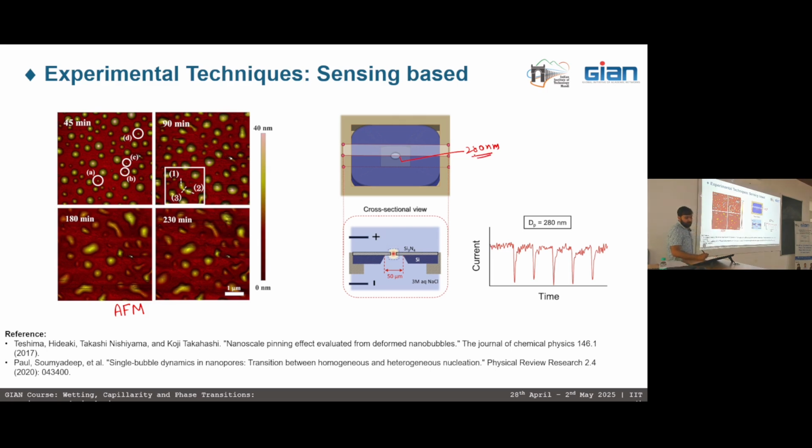When we had a NaCl solution and applied voltage across these nanopores, we see the current signal as a function of time, and you see a lot of drops. It means that at these times bubbles are nucleated. Some of these signals reach zero, which means the channel is totally blocked. Some stay at a certain distance from the zero value, which means we still have some space for the electrolyte to flow.